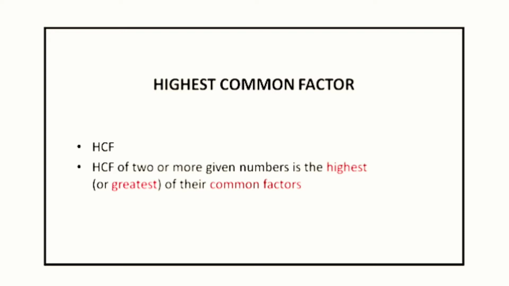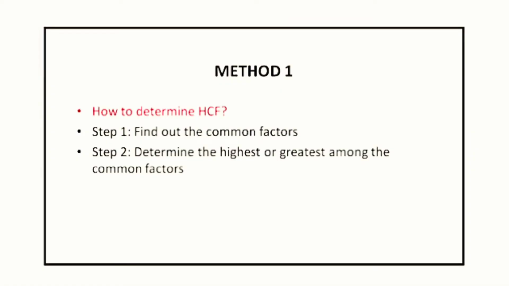So, we have got one more thing to do: find out the factor that is highest or greatest among the common factors, and this will help in the determination of the highest common factor. Method 1. There are different methods to determine HCF.